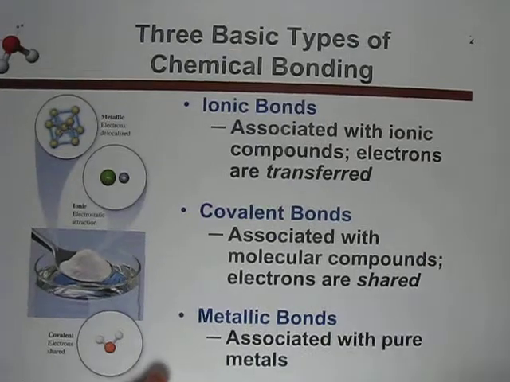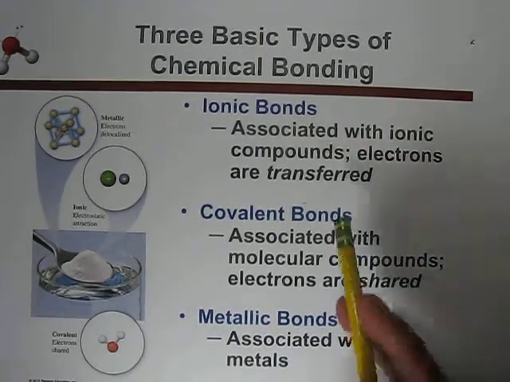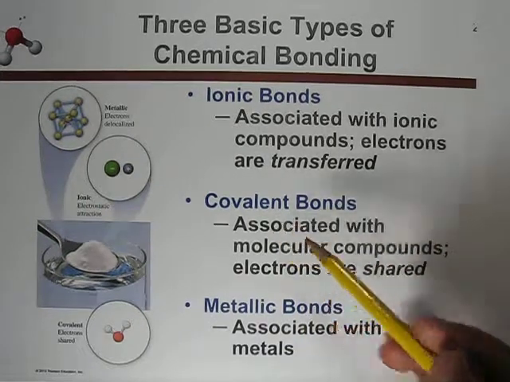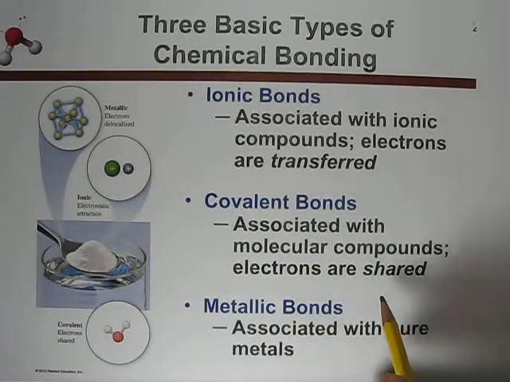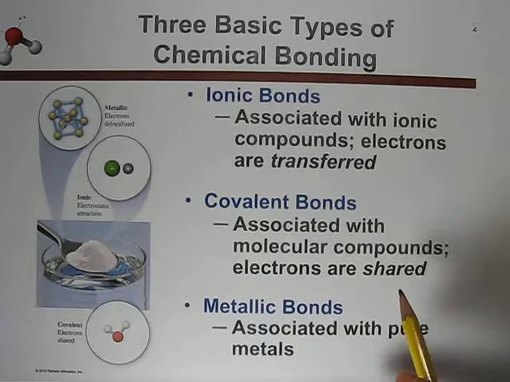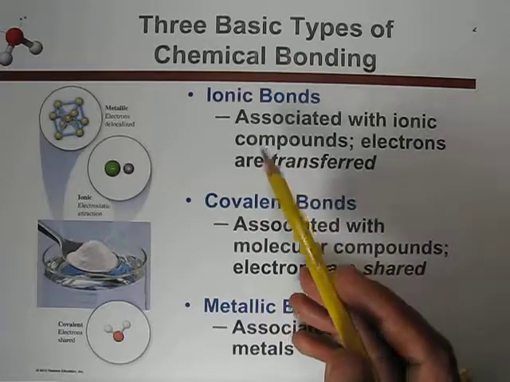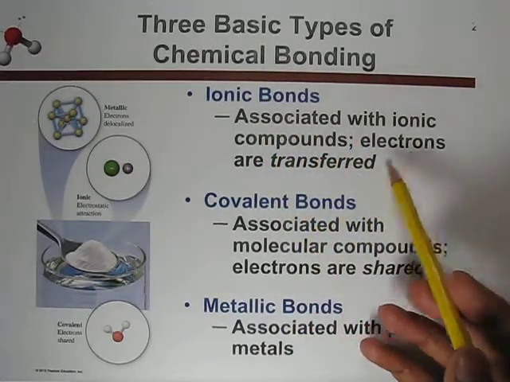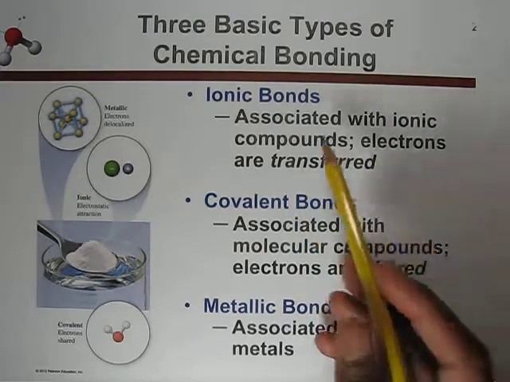There are three types of chemical bonds. Number one is ionic bond, number two is covalent bond, and third is metallic bond. We have studied these in the previous chapter, the ionic compounds and covalent compounds. Ionic compounds are associated with the transfer of electrons.